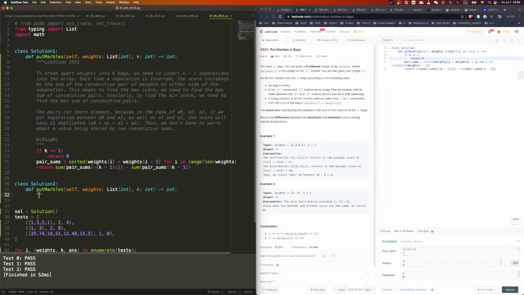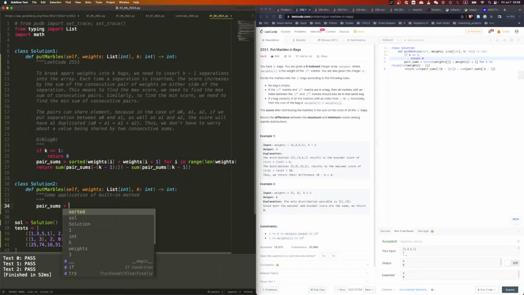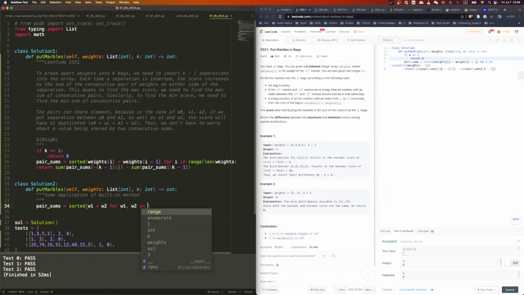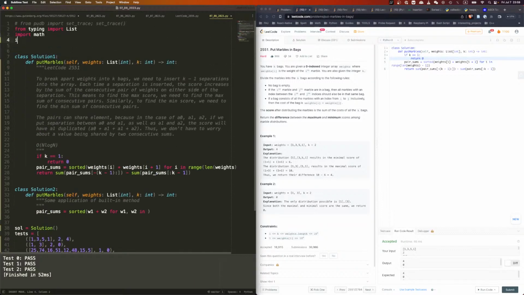Solution 2: some application of built-in methods. We can say pair sums equal to sorted w1 plus w2 for w1, w2 in itertools.pairwise weights.